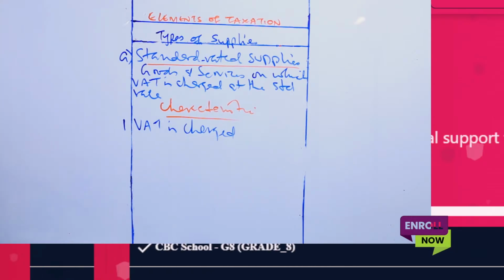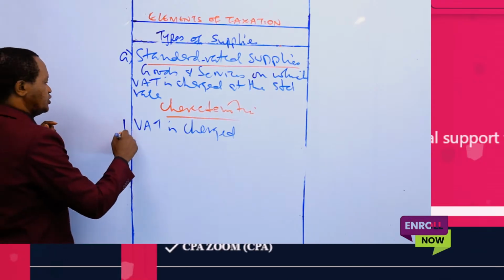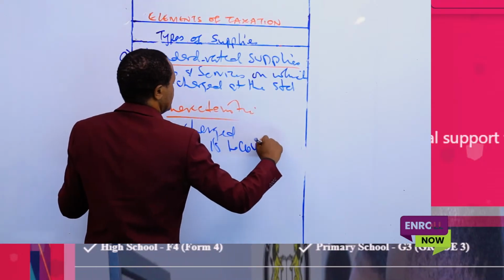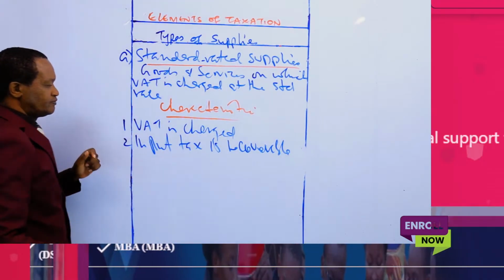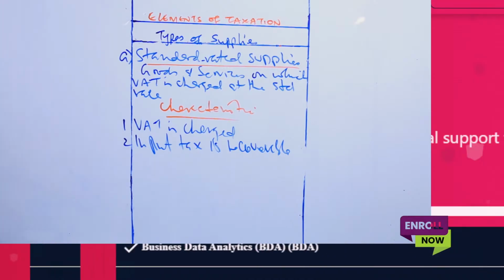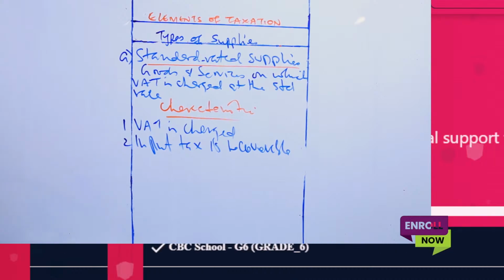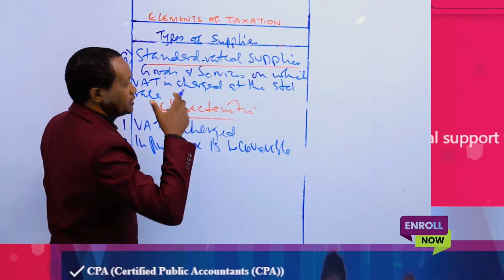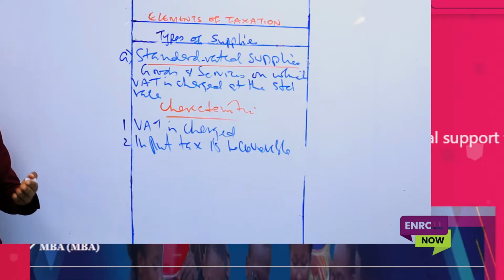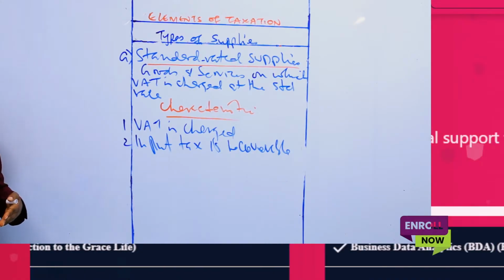The second characteristic is input tax is recoverable. What does that mean? Now, a VAT registered person making standard rated supplies can claim deduction for the input tax they incurred on purchases and expenses that were used in producing these supplies.